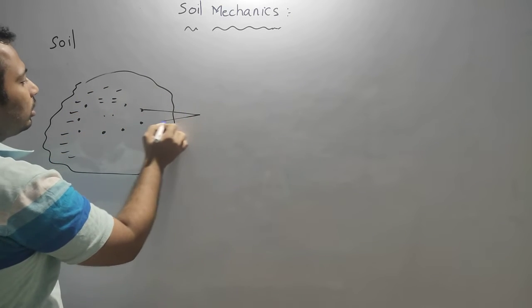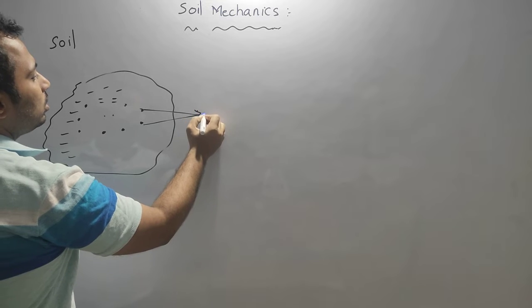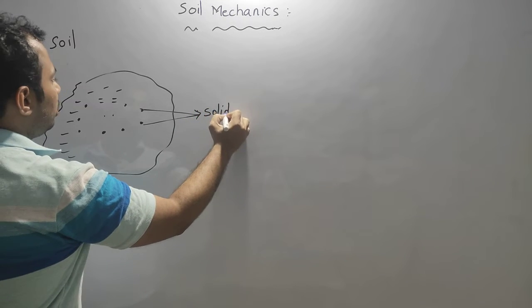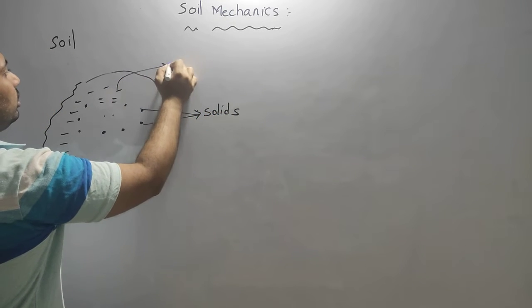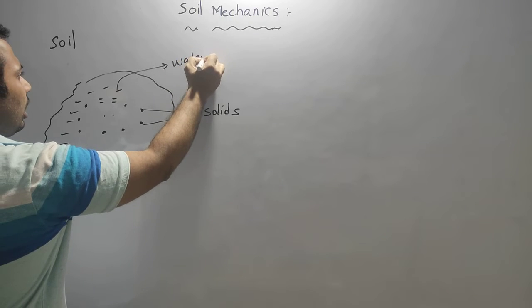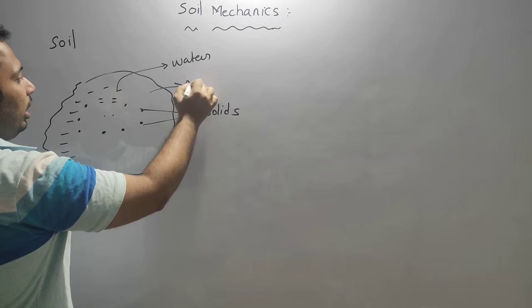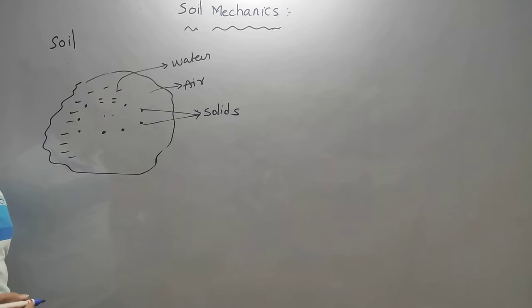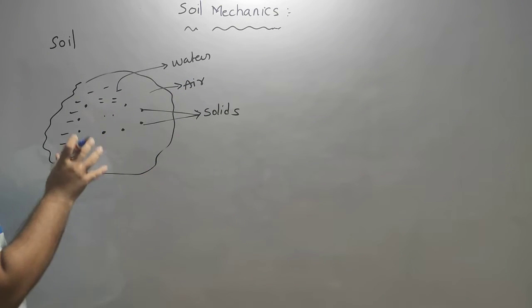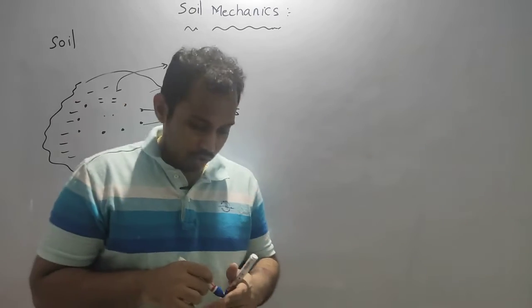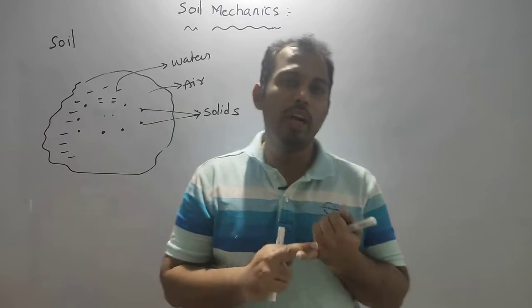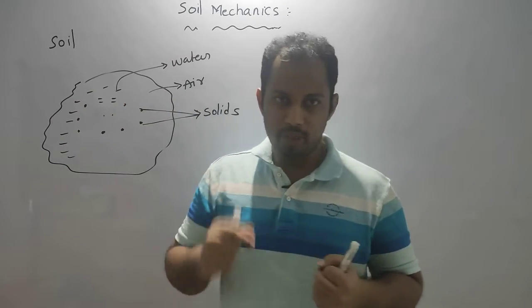So all these are solids. This is water, this is water, and the rest of the portion may be occupied by air. So soil is a combination of solid, air and water. Okay.